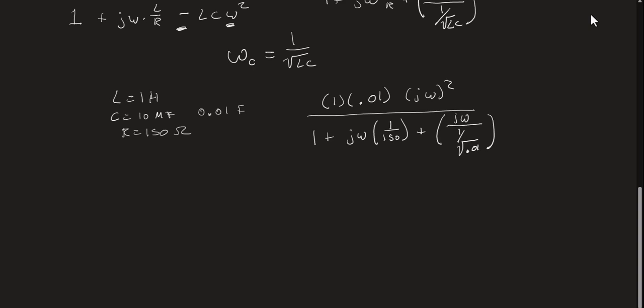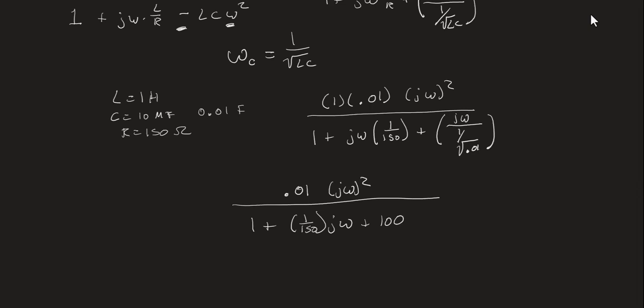So that's 1 over the square root of 0.01, which is 100. So this is 0.01 times j omega squared over 1 plus 1 over 150 j omega plus 100 j omega squared.